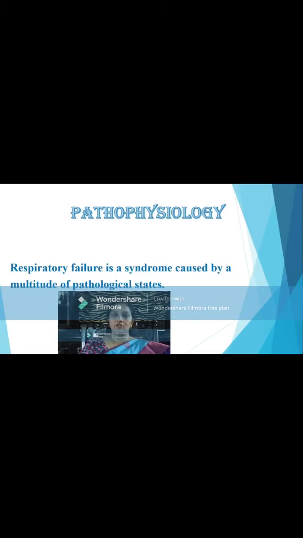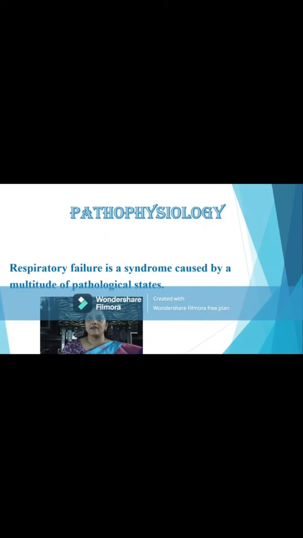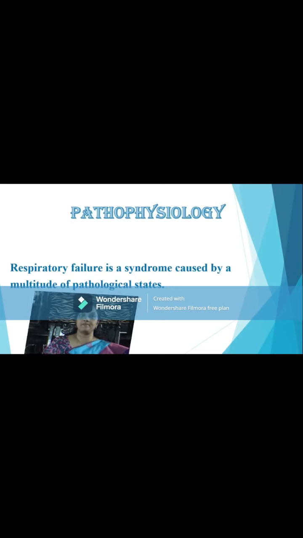Moving into the pathophysiology of respiratory failure. Respiratory failure is a syndrome caused by a multitude of pathological states. We have seen that respiratory failure is classified into hypoxemic respiratory failure and hypercapnic respiratory failure. We'll see the pathophysiology of hypoxemic respiratory failure.